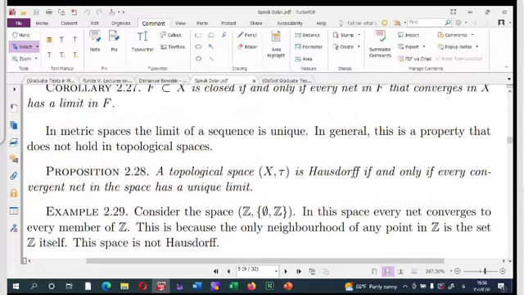And we have this proposition: a topological space is Hausdorff if and only if every convergent net in the space has a unique limit.